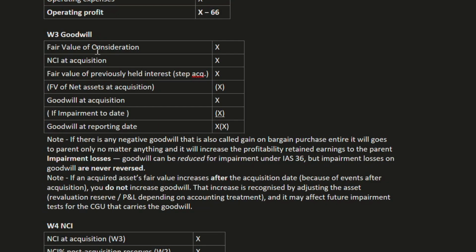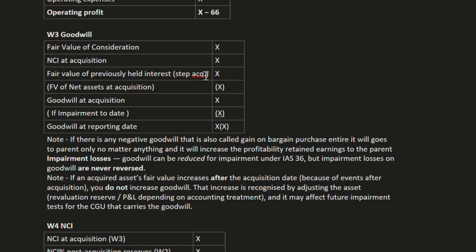Goodwill, fair value of consideration, NCI at acquisition, we need to add it. Fair value of previously held interest under a step acquisition, less fair value of net asset at acquisition. So whenever we have a step acquisition, we need to add it. What is a step acquisition? For example, we have 40% of the company shares. Okay, and now we are acquiring further 30%.